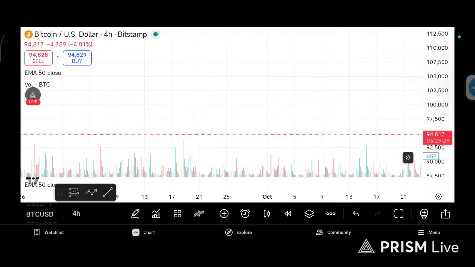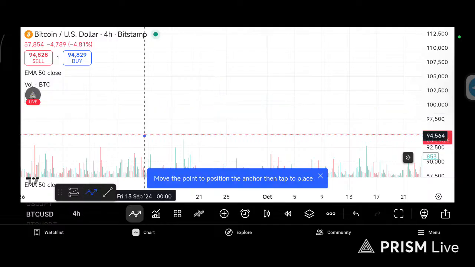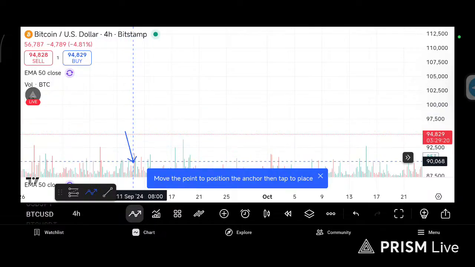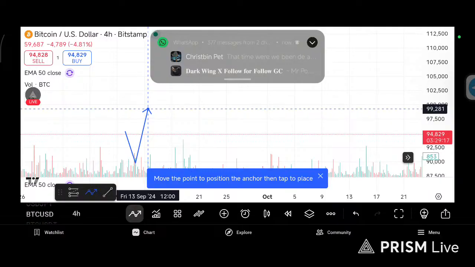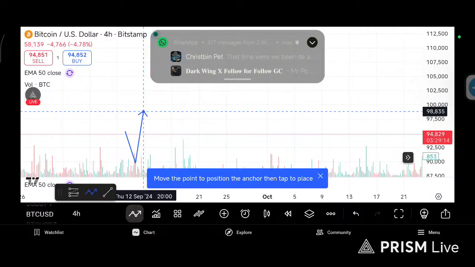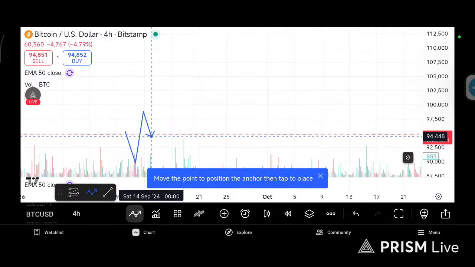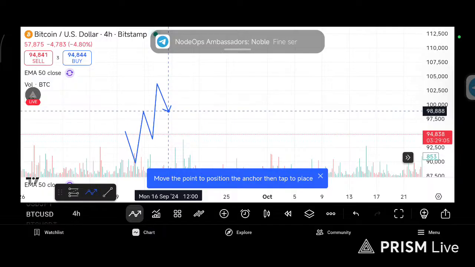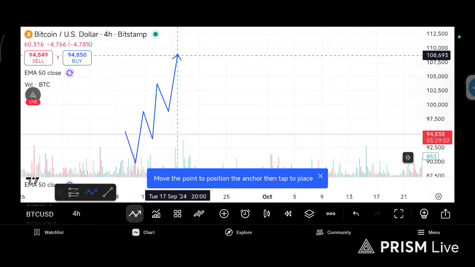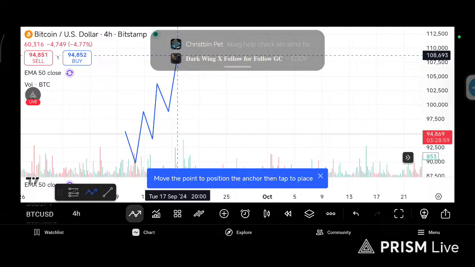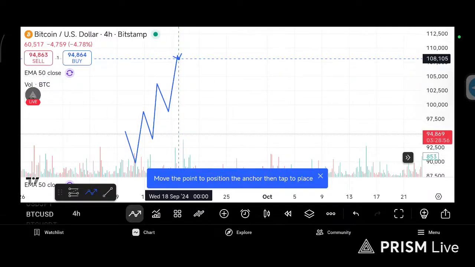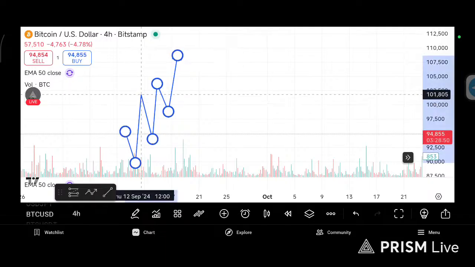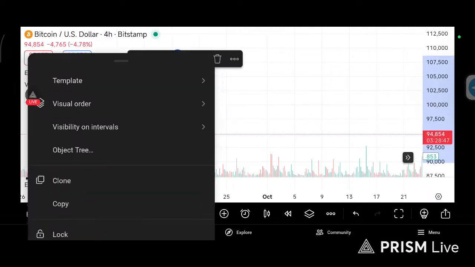Market comes like this, right? So that is the case of our uptrend direction.